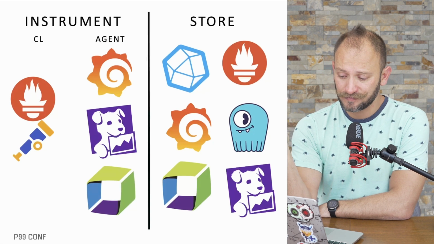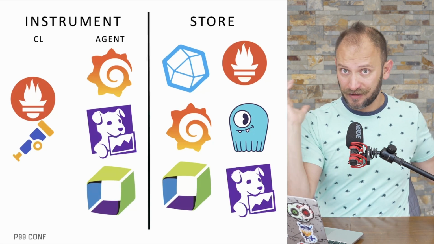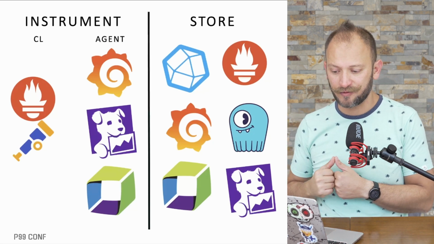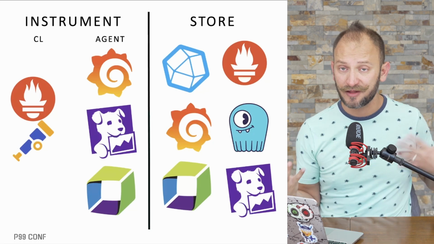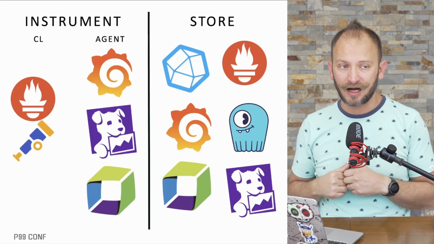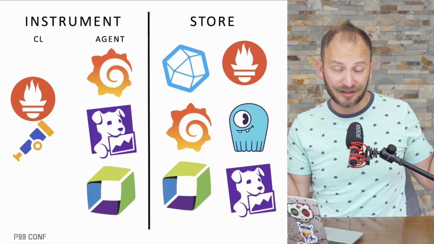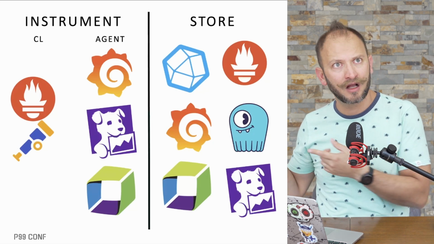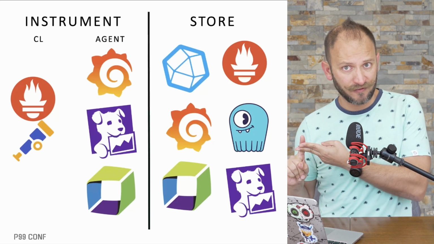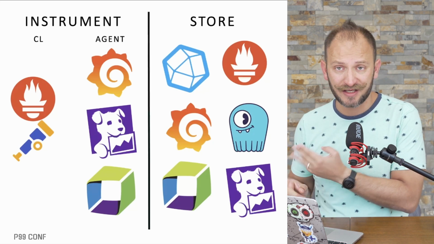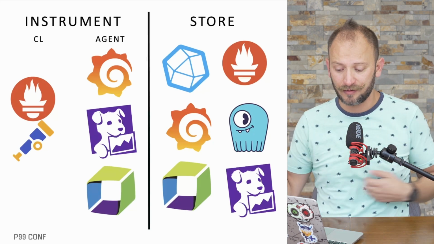Now to store it, well, we have Scylla. As I mentioned earlier, you can store the information there. We have InfluxDB. Prometheus stores metrics only. Grafana has, for all the 3 pillars, if you want to store, Loki for logs, Mimir for metrics, and Tempo for traces. So you can use whatever you want.